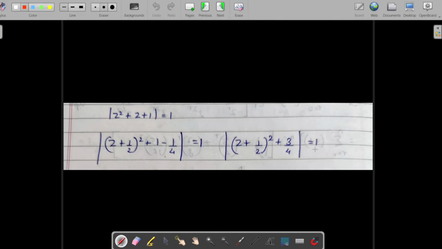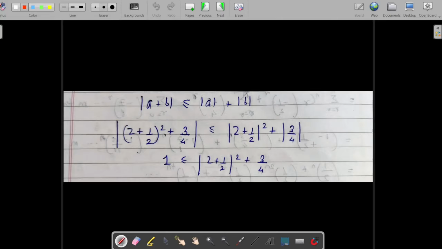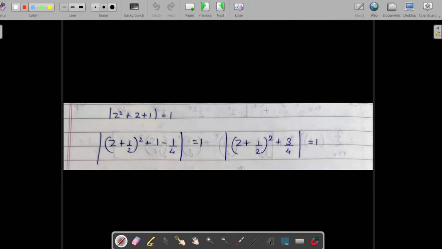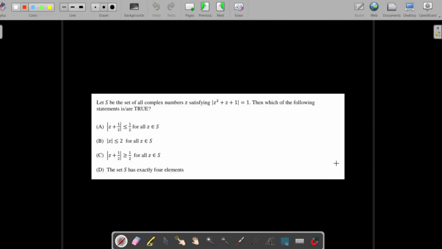Here we will use the first inequality based identity, which is |a + b| ≤ |a| + |b|. This is a basic identity and we can easily apply it in this case. So this is basically a and this is b. So |a + b| will be less than or equal to |a| + |b|, because here you can see that this quantity is basically |a| based on how we have termed the terms in this equation while we are solving it.